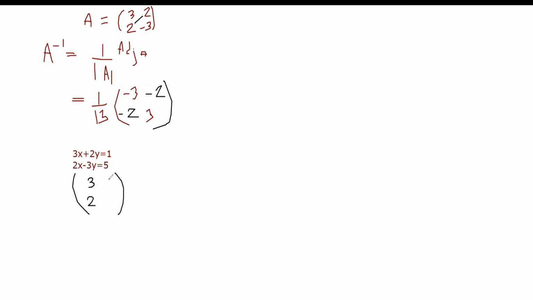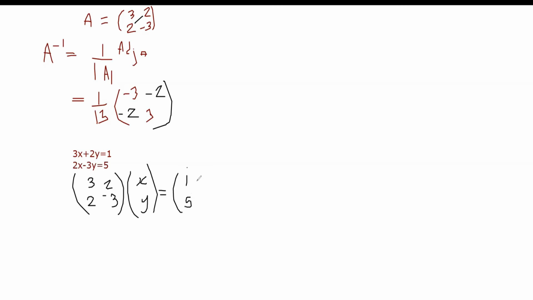Then in this column we put the coefficients of y, which is 2 and -3. Then this column is our x and y, the unknown matrix. Then we equate it to the result matrix, which is 1, 5.